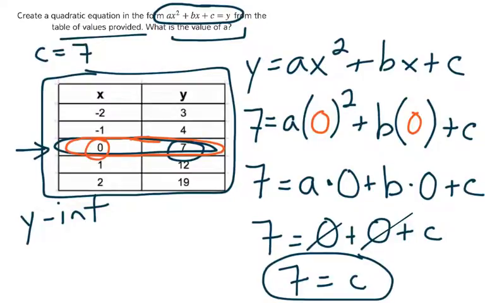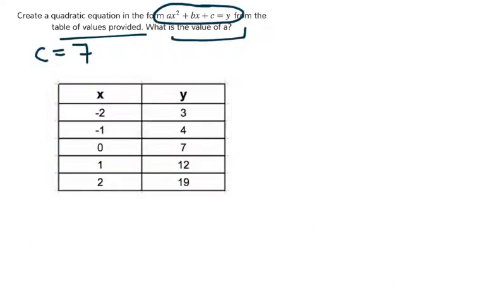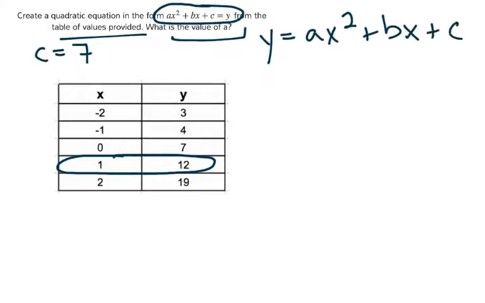and then I need to keep solving. Next, you can just plug in another point. So I'm going to pick another easy point, 1 and 12. So when x is 1, the output, the y, is 12. Again, I'm going to write that equation up top. Y equals ax squared plus bx plus c. Plug in the points I know. X is 1 now.